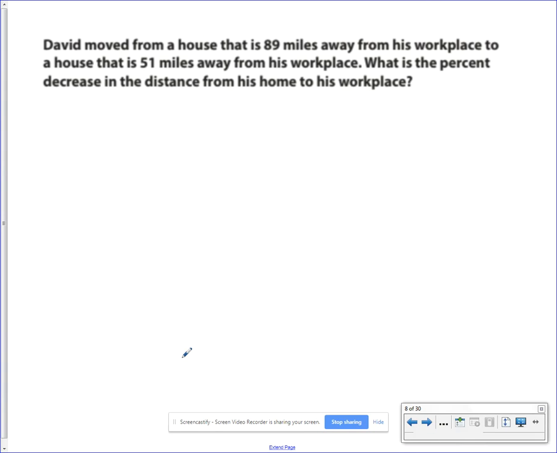All right, let's talk about poor David here, because if David is like a number of adults, they might not live very close to where they have to work. So David moved from a house that's 89 miles away from his workplace. So at the start, oofda, David, you're 89 miles away.